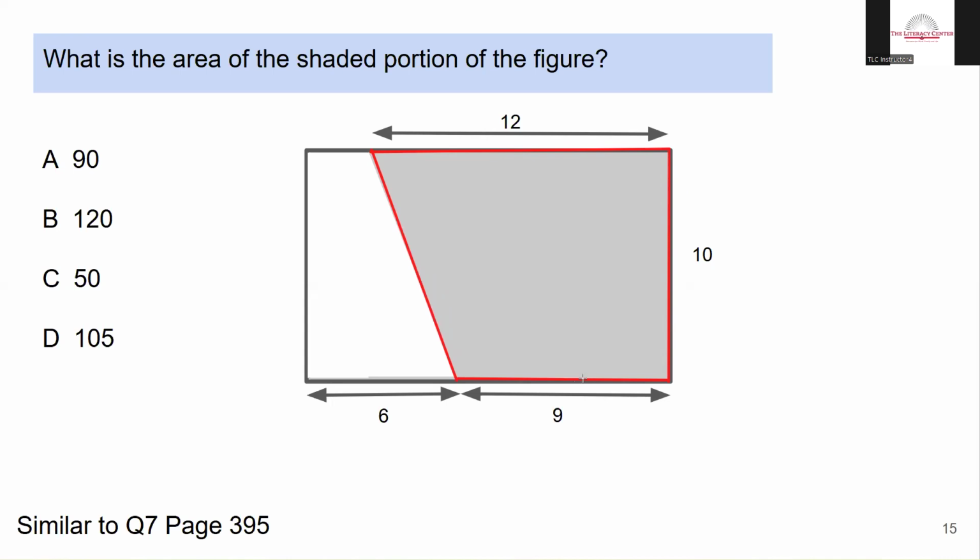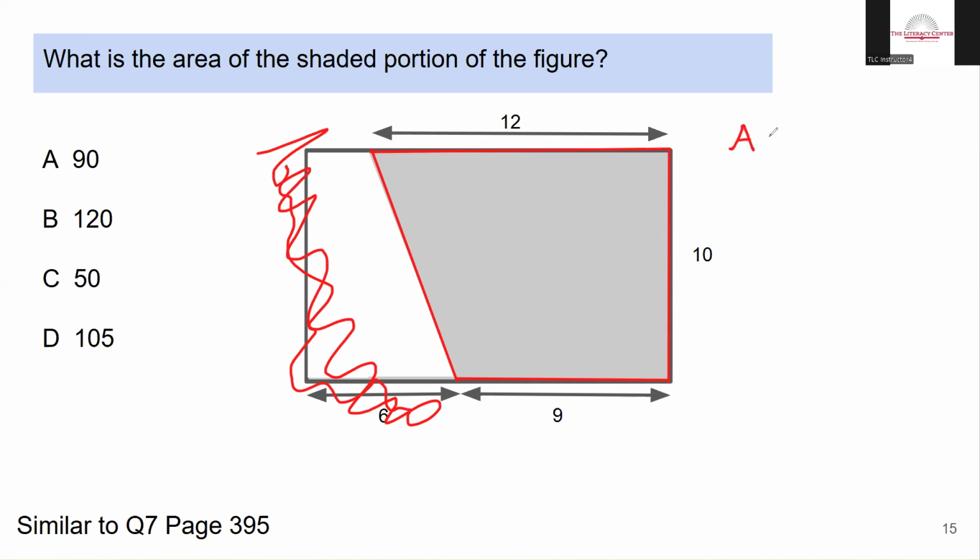That's a trapezoid. What they're also kind of requiring you to do is ignore all of this stuff because that has nothing to do with our trapezoid. So they're trying to confuse you a little bit with that extra information. But now that we know that it's a trapezoid, we're kind of good to go.